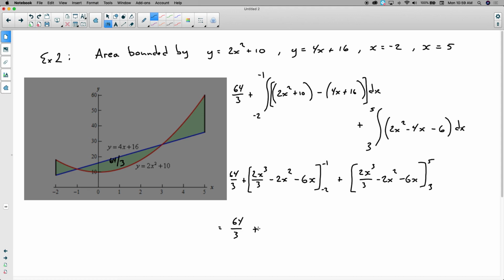And then we're going to add to that this one, which turns out to be 14/3. And then we're going to add this one, which turns out to be a mysteriously matching 64/3 for a grand total of 142/3. Okay, so that would just be kind of a lot of computing, and I don't need to waste our time doing that.